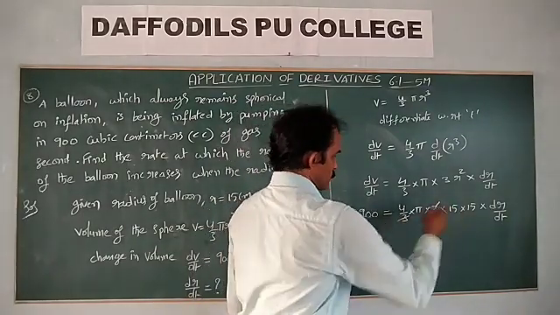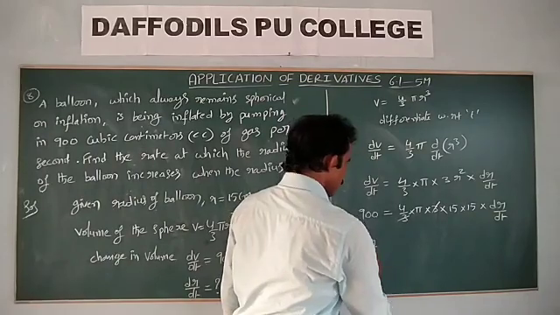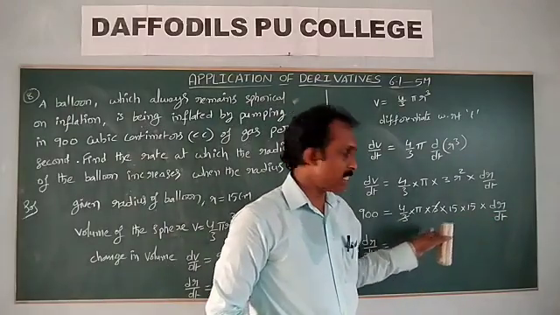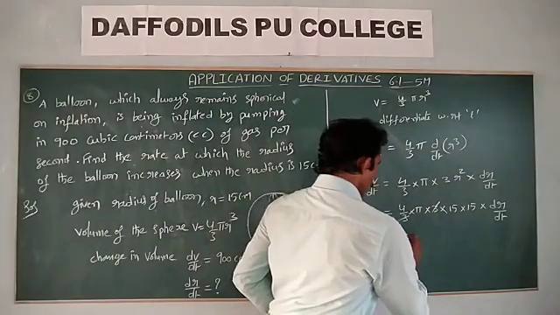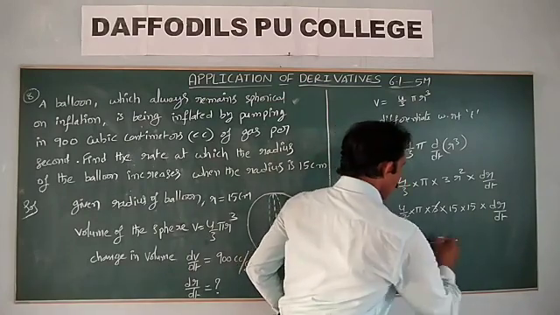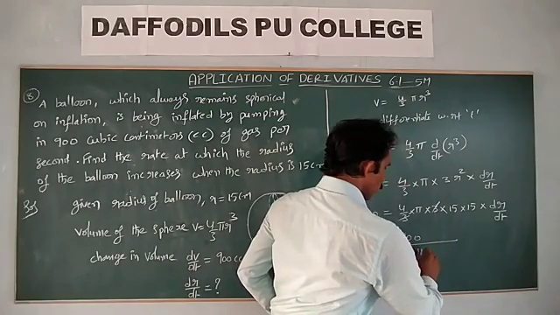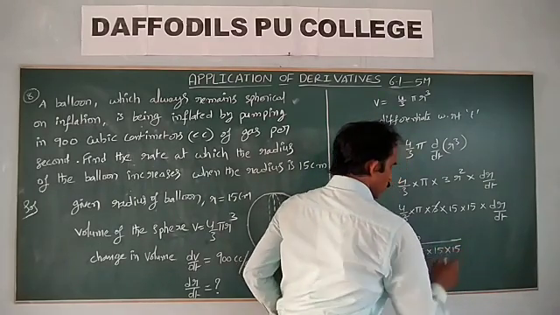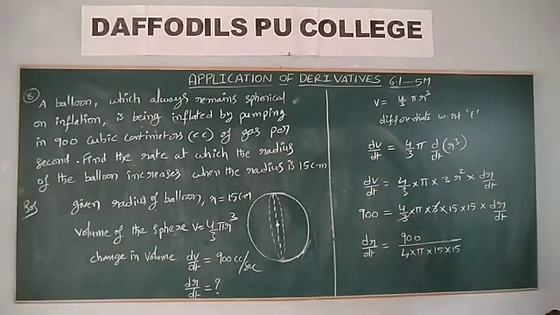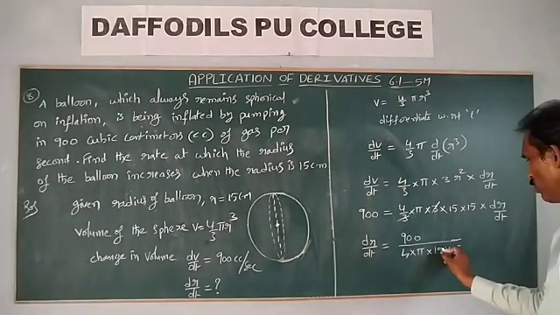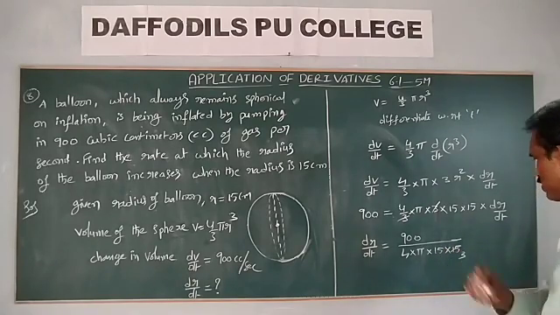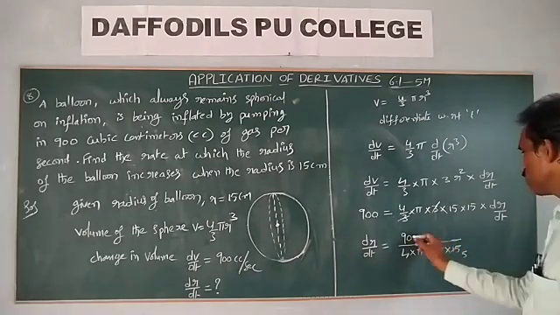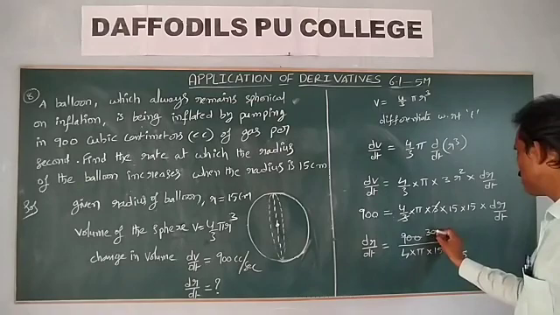Remaining terms on one side, dr by dt on the other side. Here it is multiplication, so taking it to this side means dividing. Therefore dr by dt is 900 divided by 4 into pi into 15 into 15. Now cancellation: 3 fives are 15, 3 table, 3 fives, 300s.